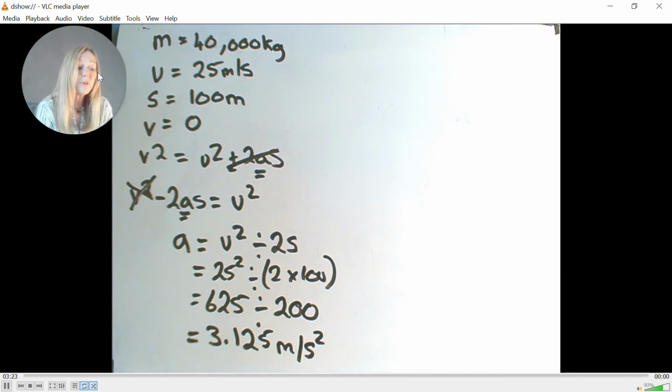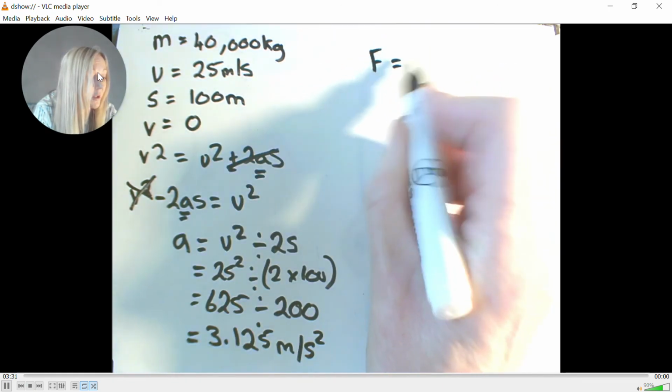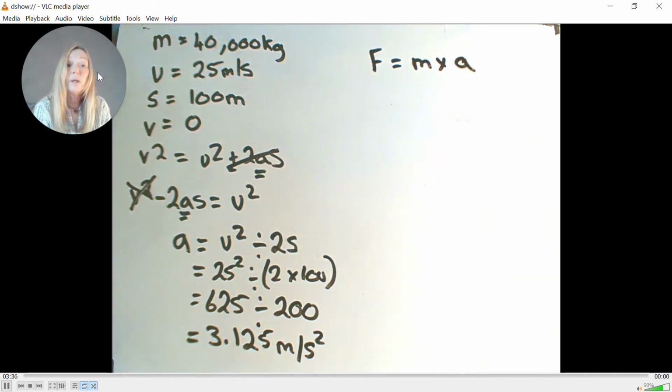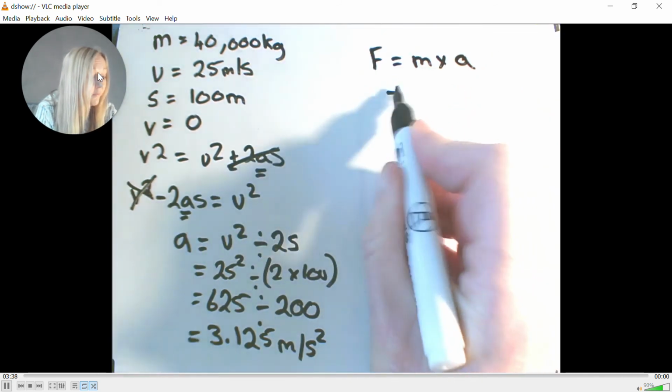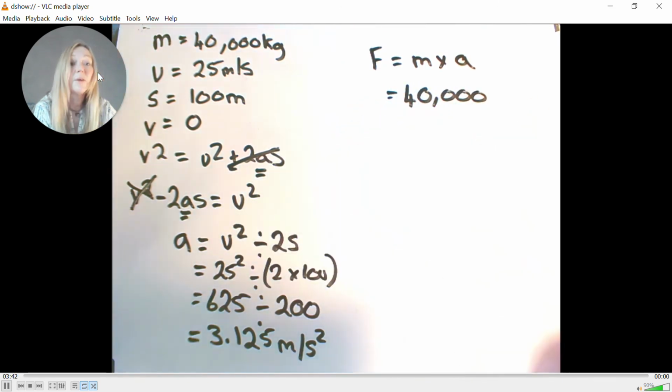So what we're going to use now is force equals mass times acceleration. So our second equation, force equals mass times acceleration, we were given the mass as 40,000.